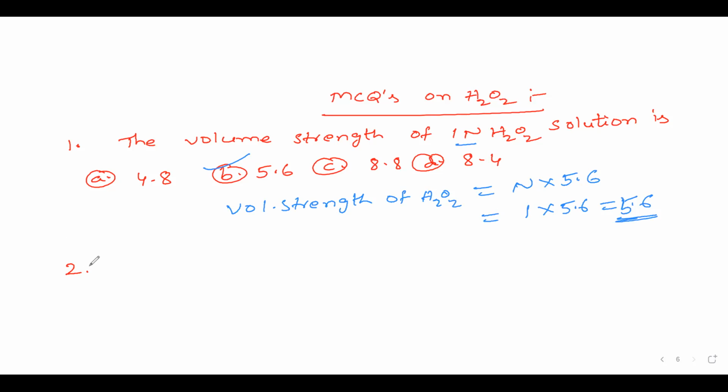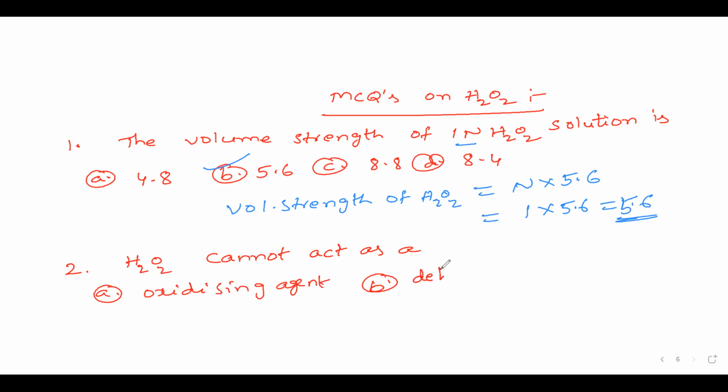Next, question number 2. Hydrogen peroxide cannot act as a, option A, oxidizing agent, option B, dehydrating agent, option C, reducing agent, and option D, acid.